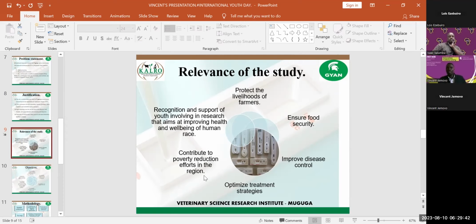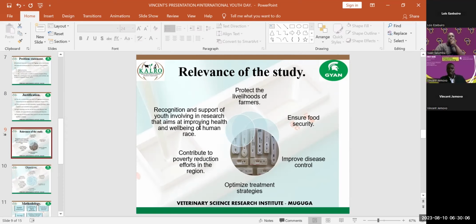Cattle, mostly in Kenya's ASAL regions, are the source of wealth. So when we protect these cattle, this will contribute to reduction of poverty. It is one measure which I think we should go towards for us to reduce this poverty. This is the major disease that we are fighting in Africa, poverty.